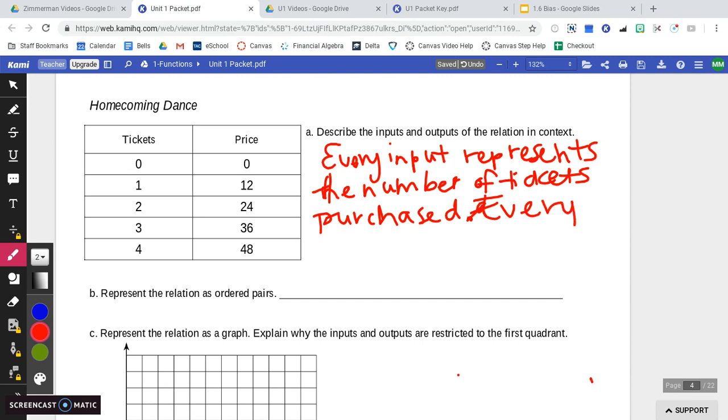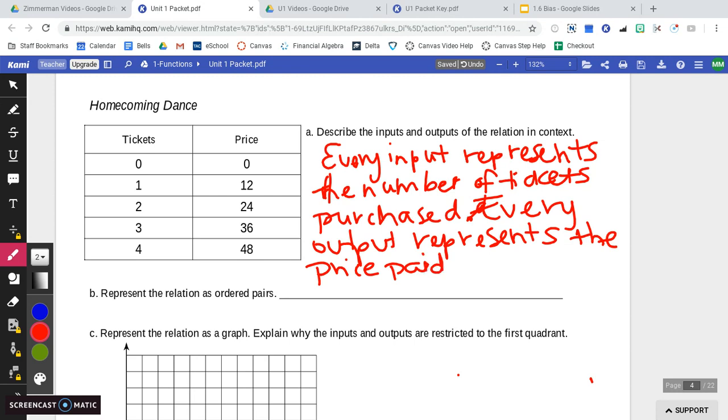And then let's talk about the outputs. Every output represents the price paid for tickets. So depending on how many tickets you buy, you will know your price.